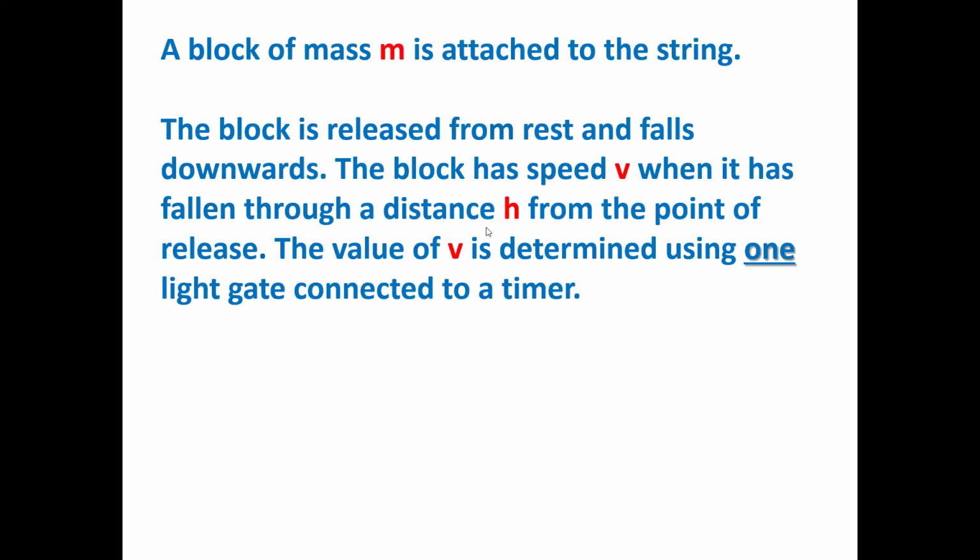If I come back here, look at the letter H. The block has a speed v when it has fallen through a distance h. The value of v is determined using one light gate. The block is released from rest. The block has a speed v. So now remember these letters. I will start my thinking process from here.